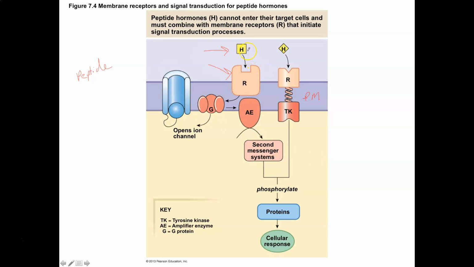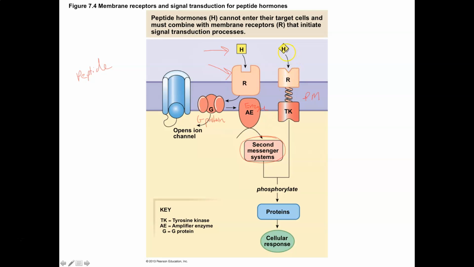And so in these generalized examples, you have hormones interacting with a receptor. And in this case, it's going to activate something called a G protein. And so we'll talk about that mechanism. And then that G protein can go on to activate an enzyme. And then that enzyme can do work within the cell through things that are called second messengers.